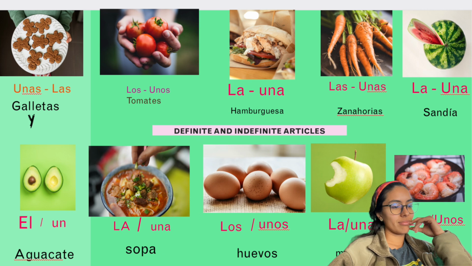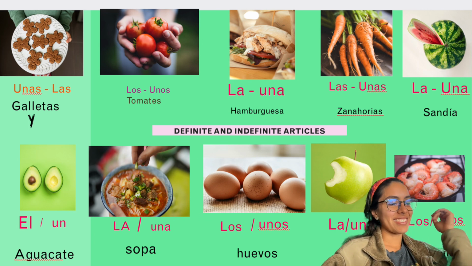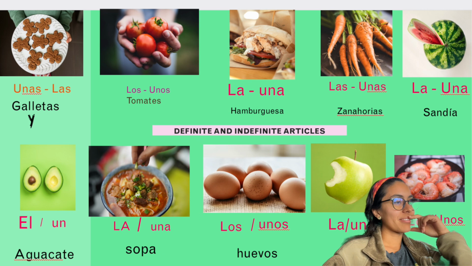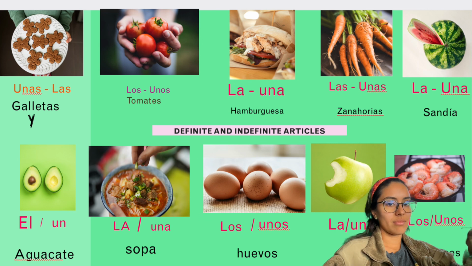Los huevos, unos huevos rancheros. La manzana, una manzana. Los camarones, unos camarones. Very good. El aguacate, un aguacate. La sopa, una sopa. Los huevos, unos huevos. La manzana, una manzana. Los camarones, unos camarones.